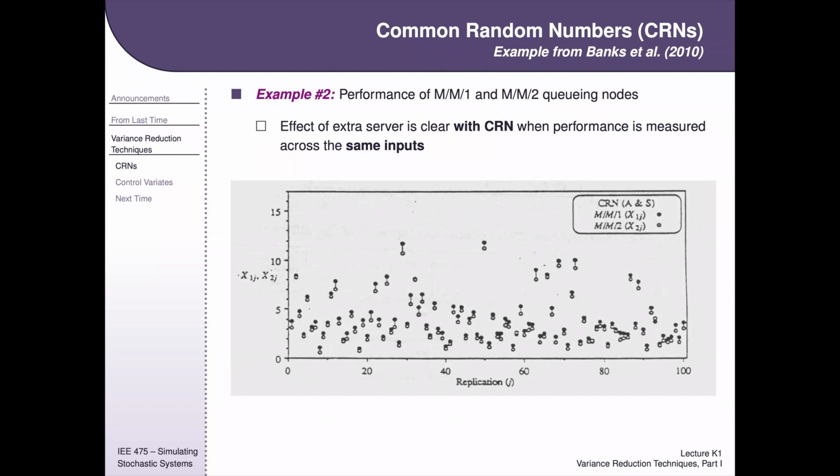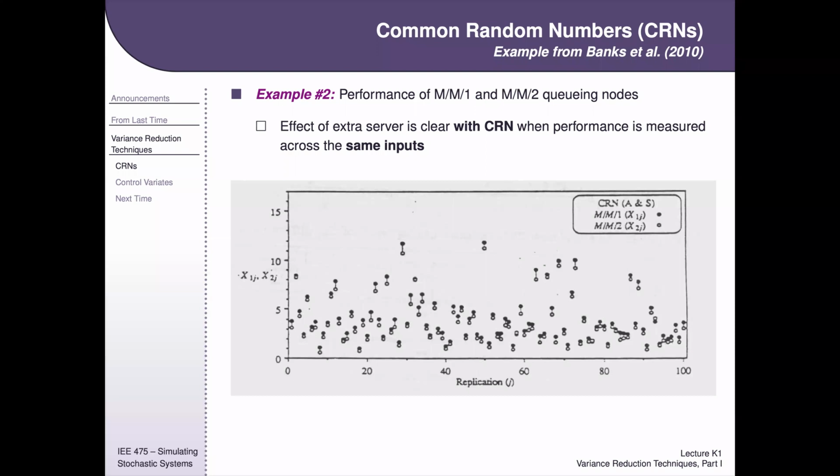And that makes sense if this is in terms of waiting time, because the two server system, the system that processes things faster, consistently gives you lower waiting times than the one server system.